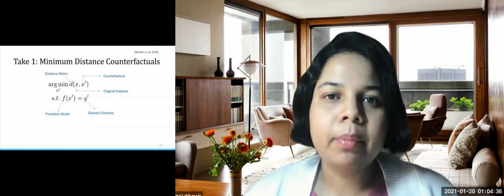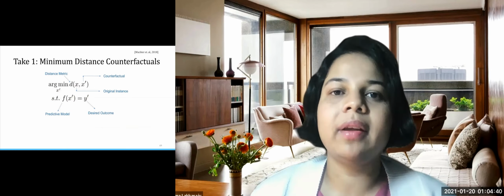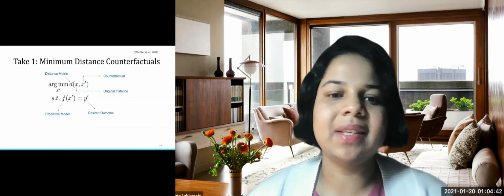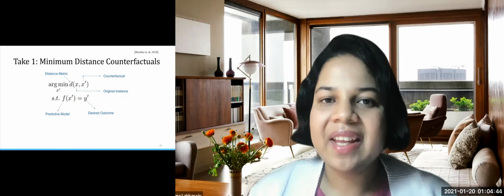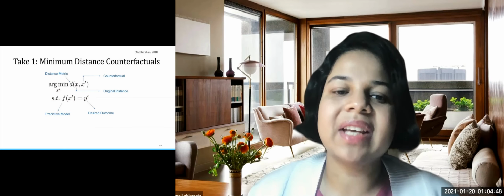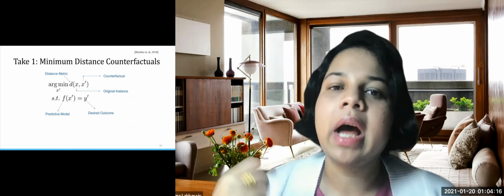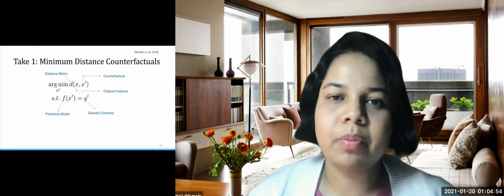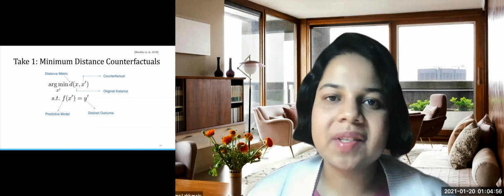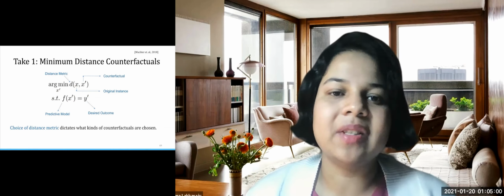So Wachter et al. proposed the first solution to finding such counterfactuals, and what their objective tries to do is again something very intuitive. So for an instance X, they try to find a counterfactual X prime such that f of X prime is the desired outcome. That is, the predictive model outputs the desired outcome on X prime, and X prime is chosen in such a way that the distance between X and X prime is as small as possible.